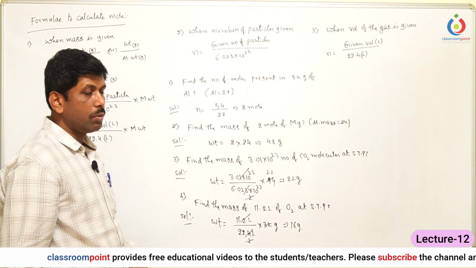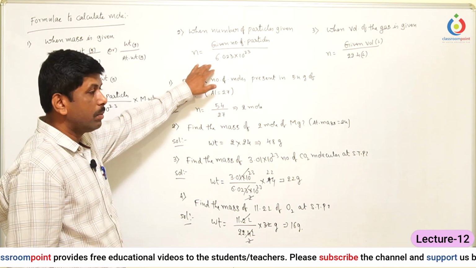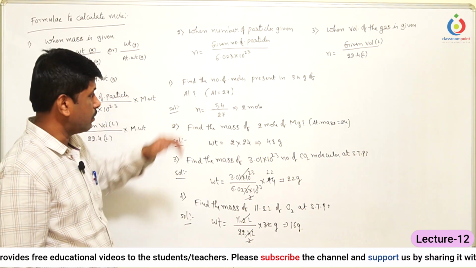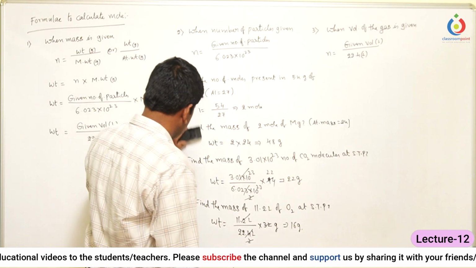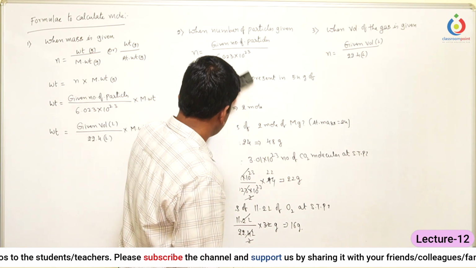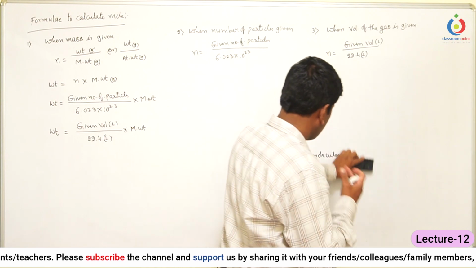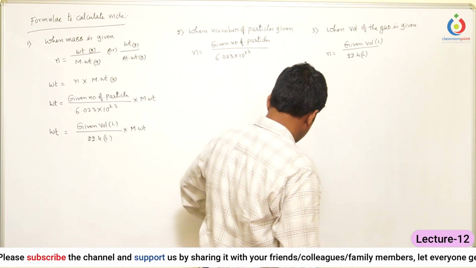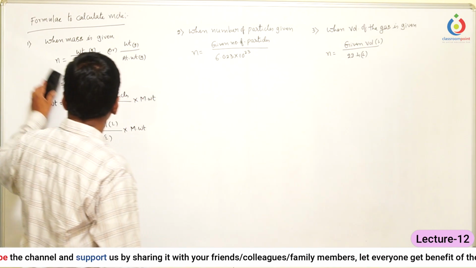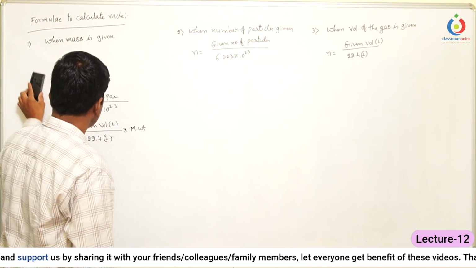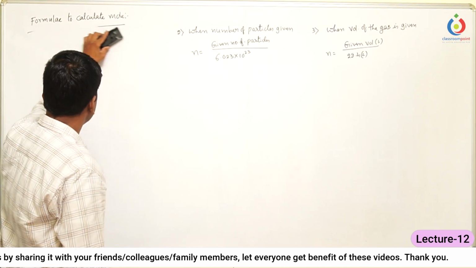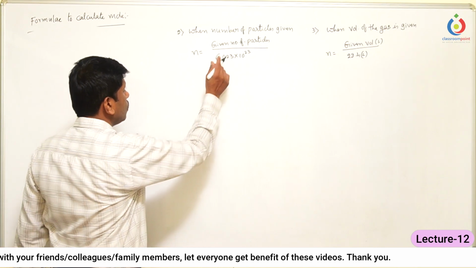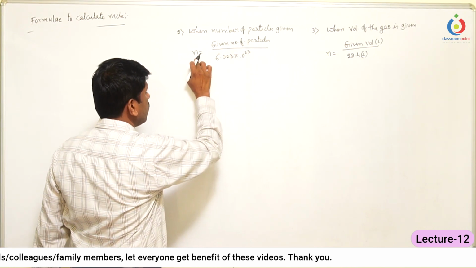Now let us try to solve the questions using this one, and we shall develop similar types of formulas here also. So I want to calculate, already n is there, the number of moles.